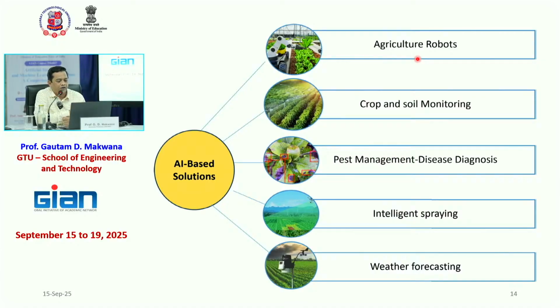Okay, and the crop and soil monitoring. Generally what happens is we are pouring the water and the pesticide. We don't know the exact amount we require for the specific seasons. Based on the farmer's experience, we are giving the water and the pesticide on the crops.